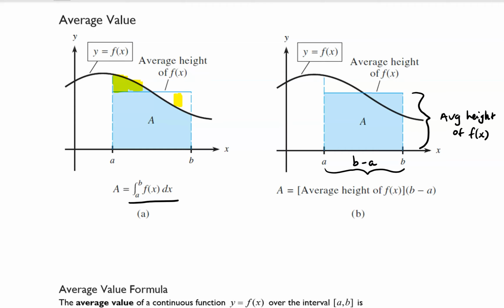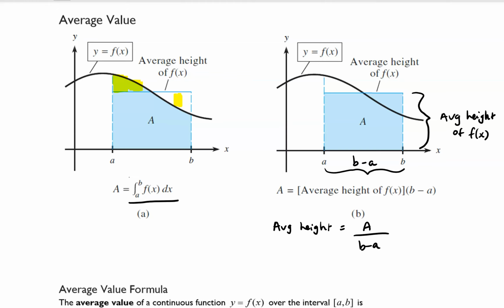So if we're able to calculate the integral and we know b minus a, then the average height, if we have this formula here, you could divide both sides by b minus a, and so then you would get that the average height is equal to capital A over b minus a.